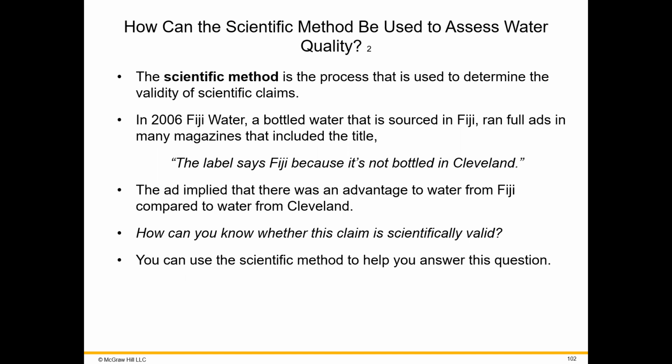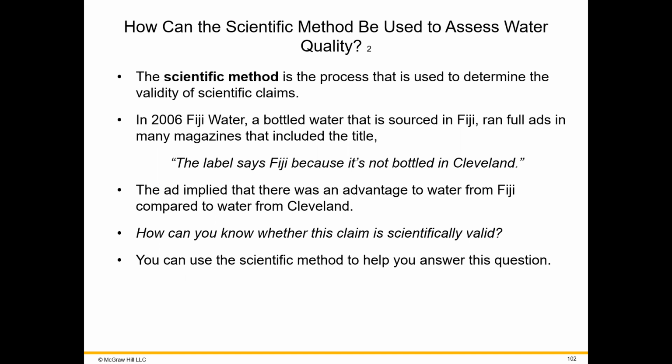In this lesson, we will be using an example from your book, which occurred in 2006. Fiji, the water bottle company, ran full ads in several magazines and TVs that said in the title, the label says Fiji because it's not bottled in Cleveland.